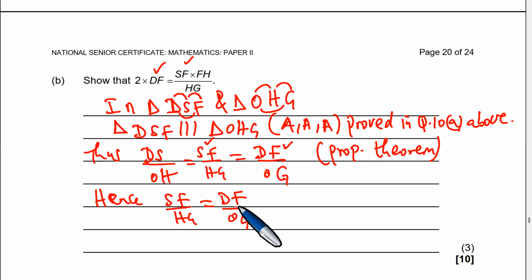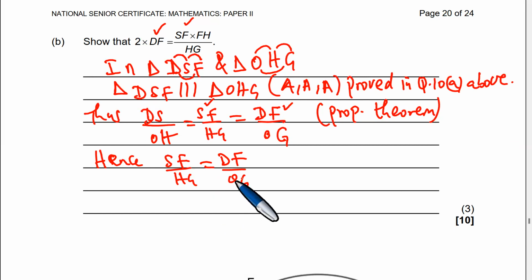So at this point, you must make DF the subject of the equation. So you cross multiply. Then the OG goes there, which means DF is equal to OG times SF divided by HG.